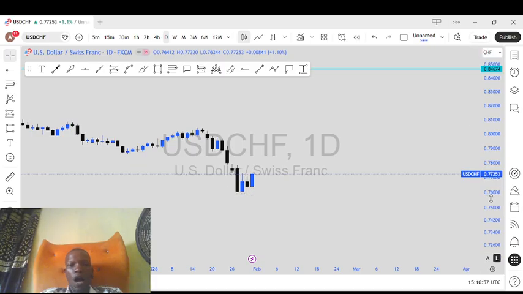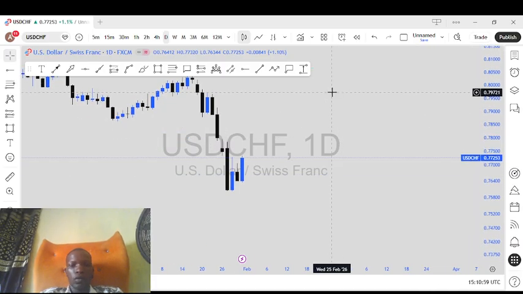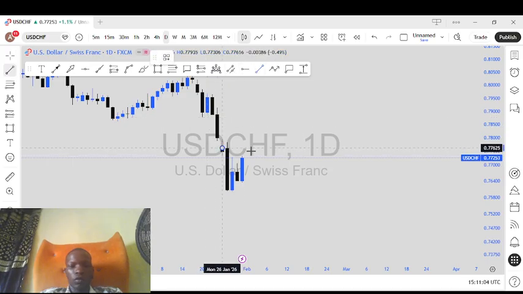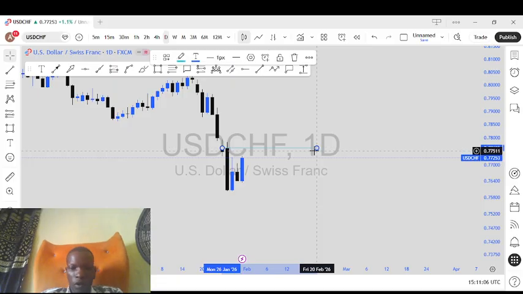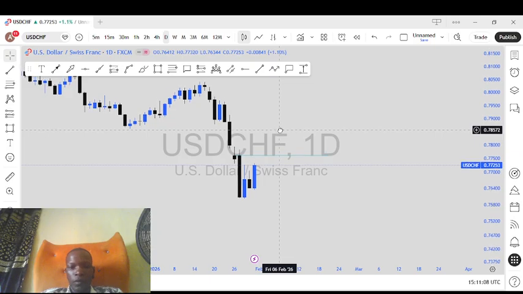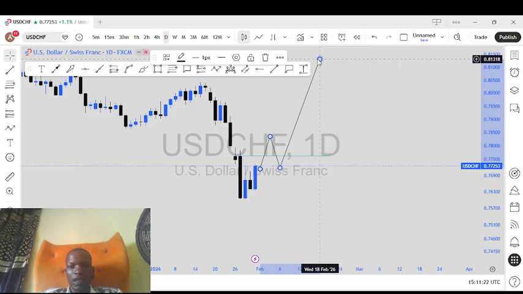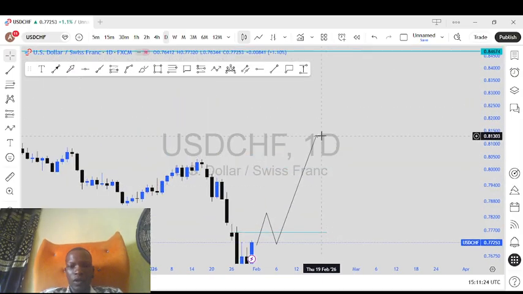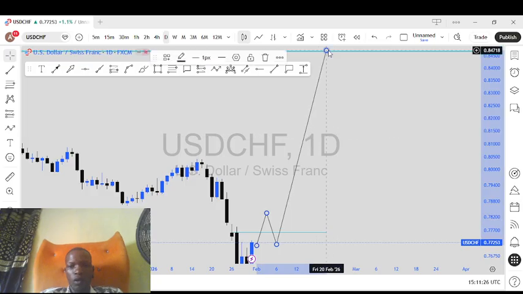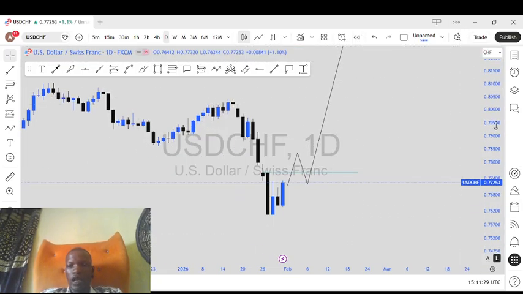On this daily candle, we expect more candles to close above this, which will give us bullish alignment. Once you see this, come back to this, and we will target the high, which is this place. So we want to see more bullish alignment.